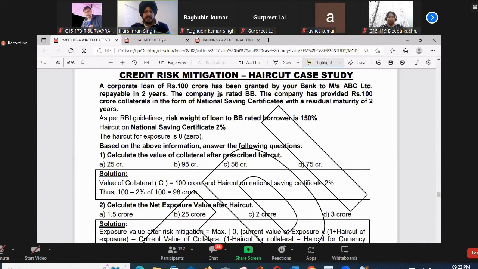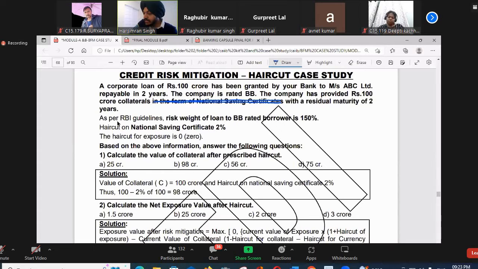Company has a rating of BB. Company has provided 100 crore collateral in form of national saving certificate. Please cut that. Just remember, company has provided 100 crore collateral with a residual maturity of 2 years. As per the RBI guidelines, risk weight of loan of BB rated borrowers is 150%.